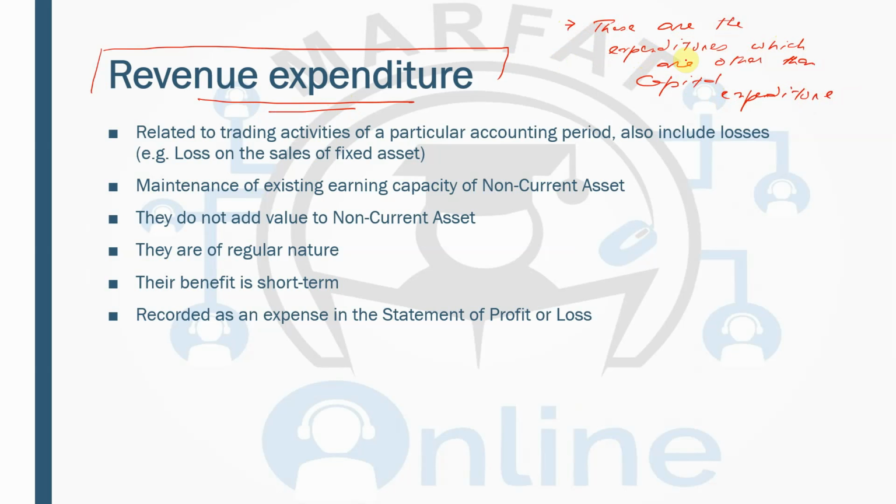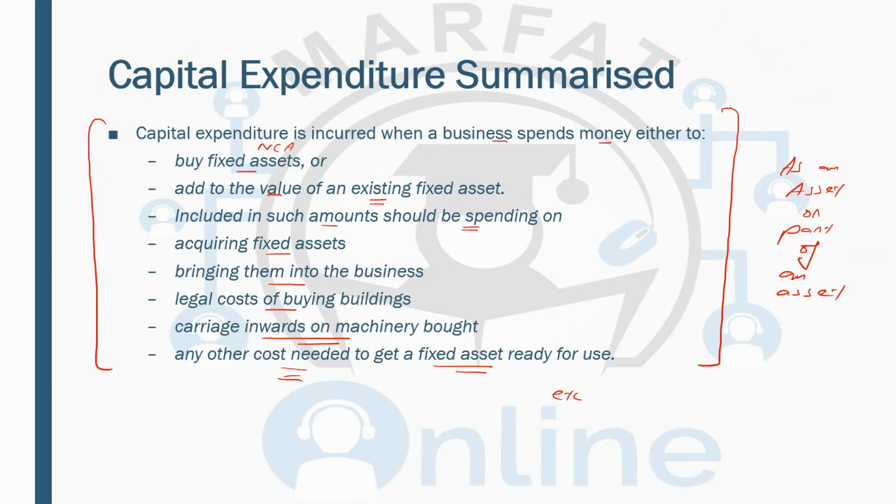Say for example, I told you that if you are doing an expenditure which adds value to your existing fixed asset, for example, you are upgrading your asset. Now what if the efficiency of your asset has deteriorated and now you are doing expenditure just to maintain it?